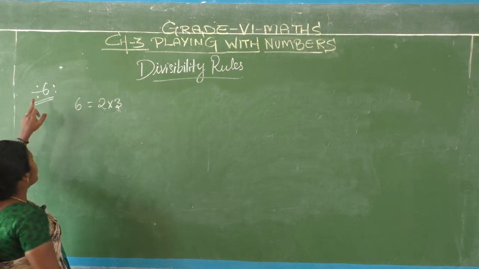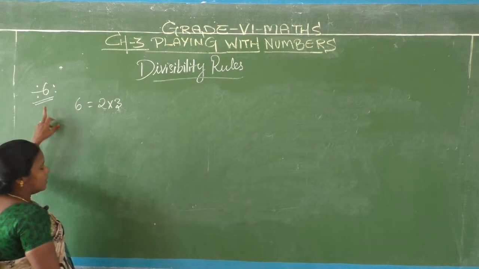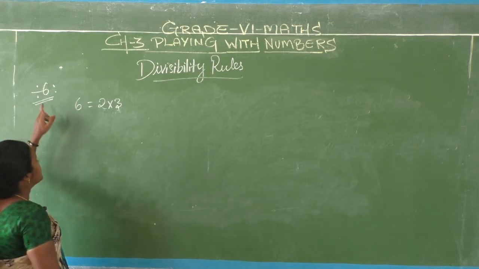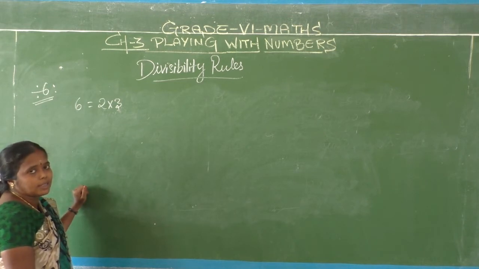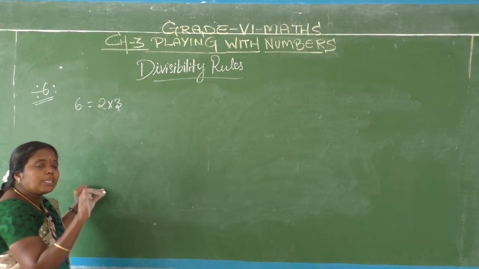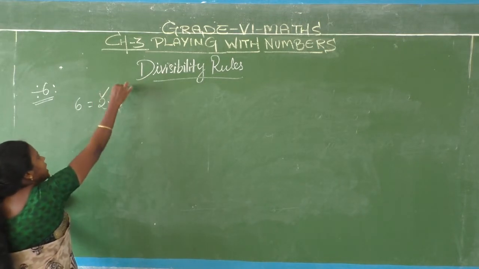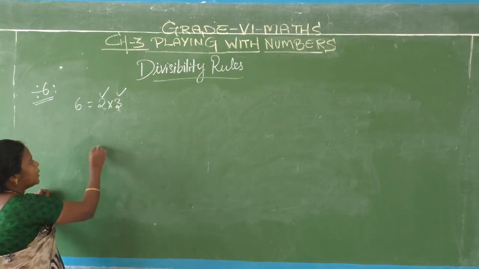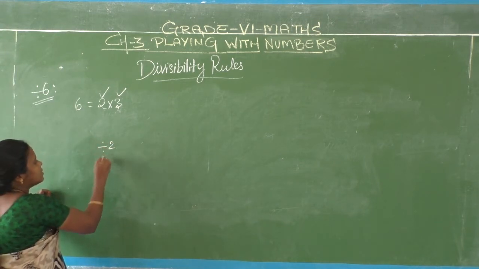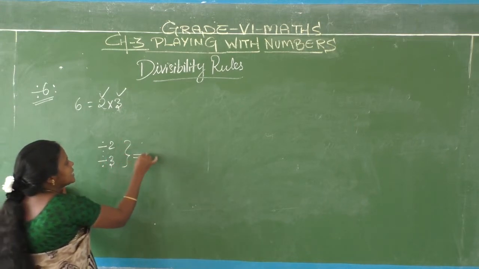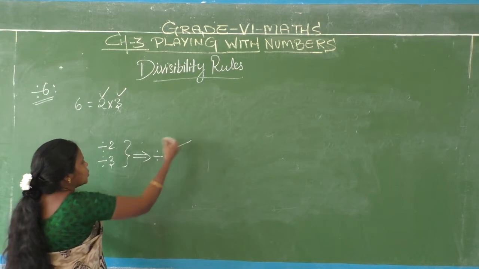So before applying this rule, for checking whether a particular number is divisible by 6 or not, we have to check first whether the given number is divisible by 2 and 3 or not. If a number is divisible by 2 and 3 both, then it is divisible by 6 also.